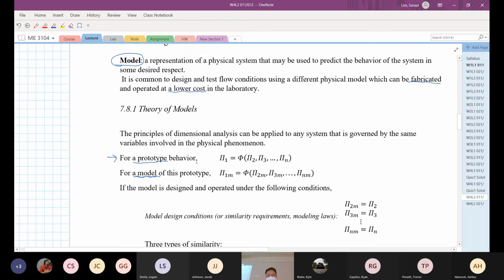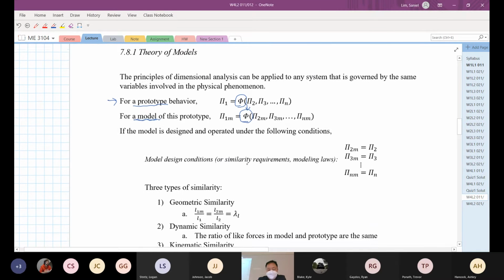When you have an identical system in a scaled model, just downsized in the small scale, we can use the same relationship between the pi terms. Let's say we have n pi terms, 1, 2, 3, 4 to n. For the model, we make it as close as possible in the smaller scale. Then you can apply the same function for the pi terms.